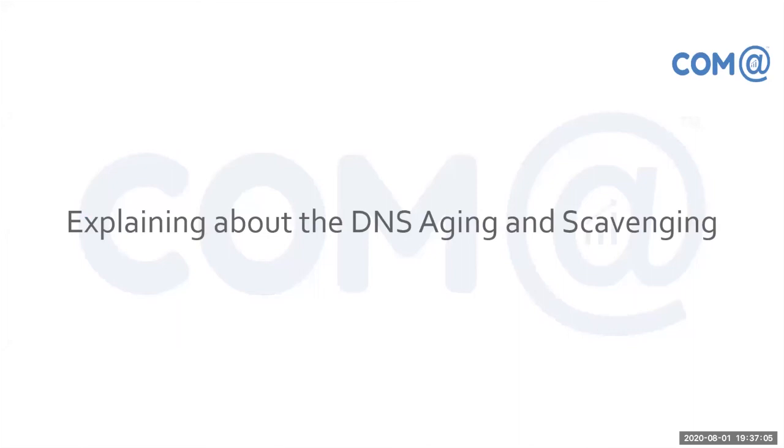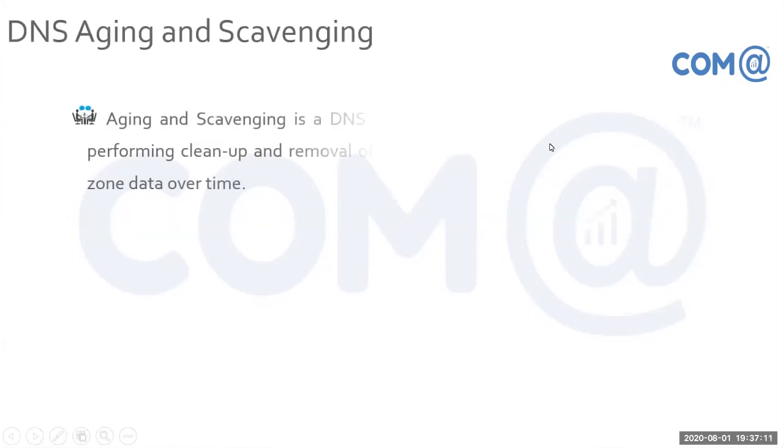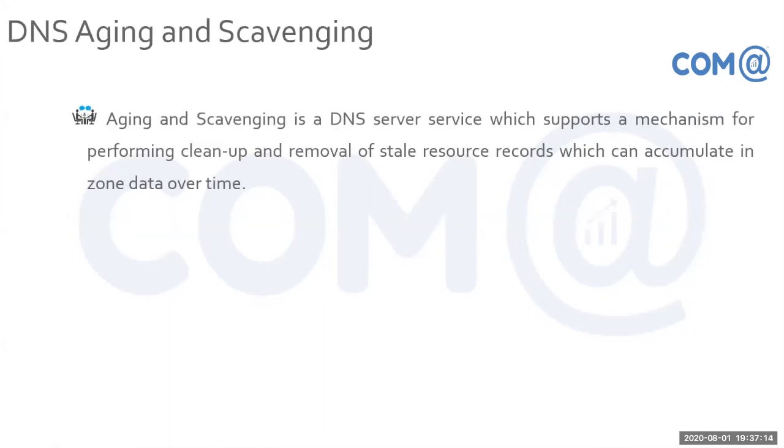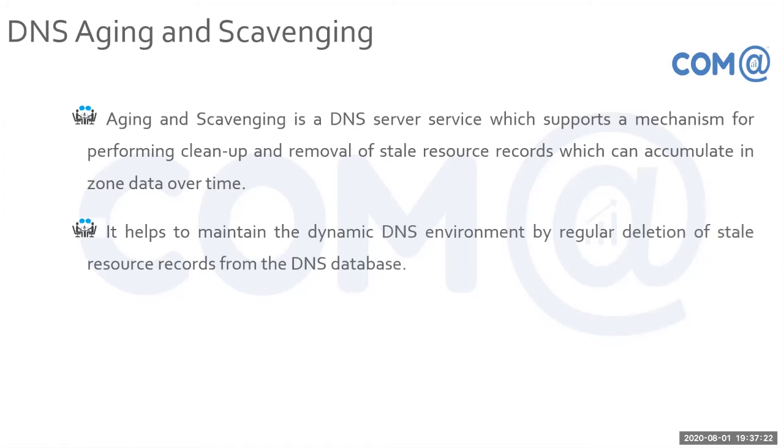And further explaining about the DNS aging and scavenging. So aging and scavenging is a DNS server service which supports a mechanism for cleaning up and removal of stale resource records which can accumulate in DNS zone data over time.